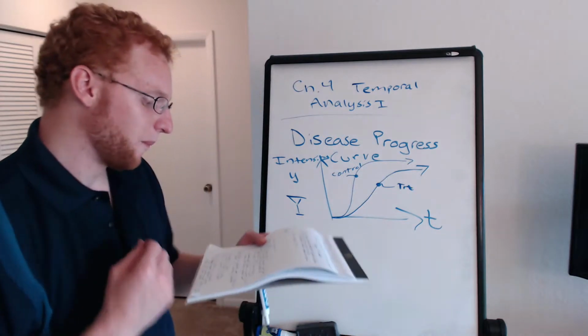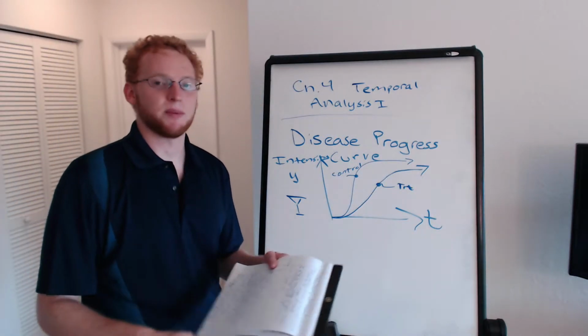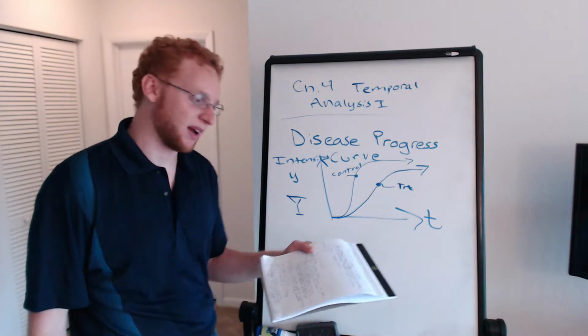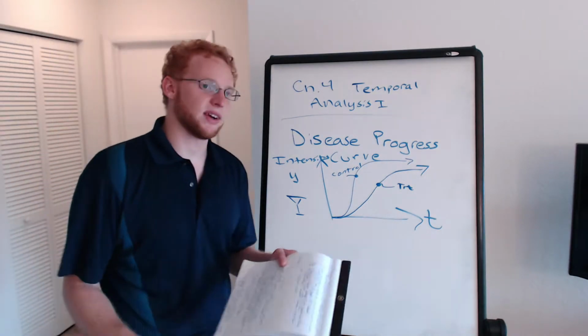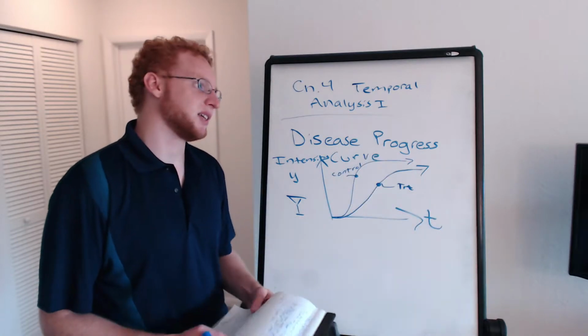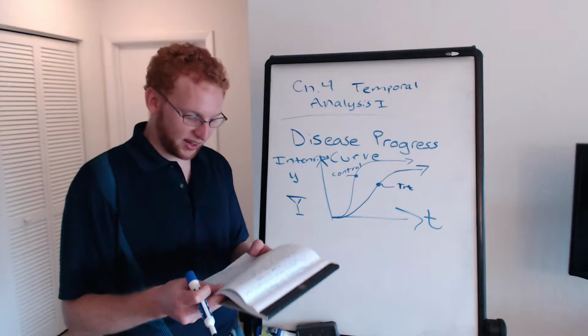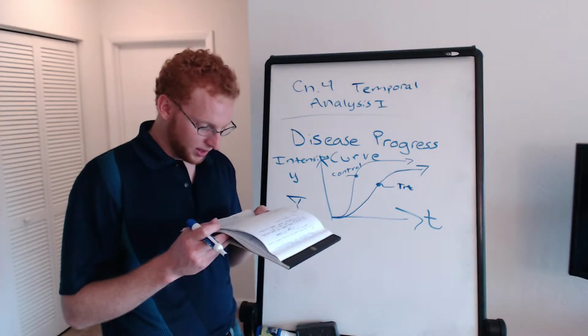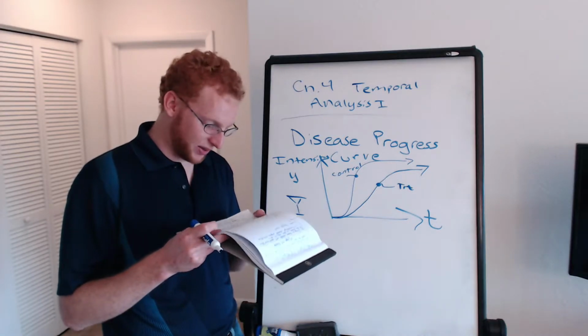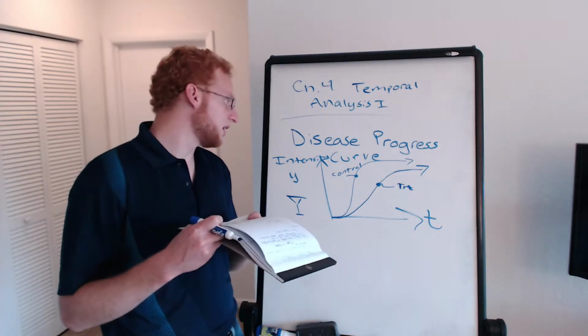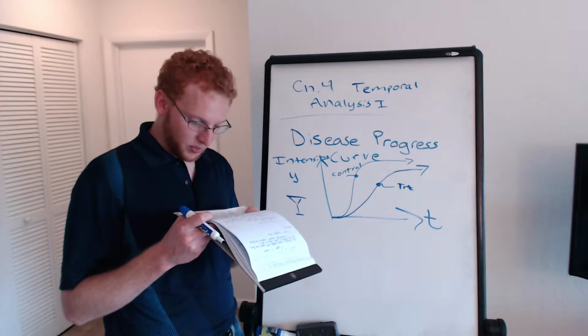You could also derive or come up with some theoretical idea of how the disease spreads and progresses, and you want to see if your theory matches the real data. So you collect data and then you plot intensity over time, and you can use this to validate your theoretical model. You can also use it to evaluate and identify factors affecting the magnitudes and rates of the disease progress curve.